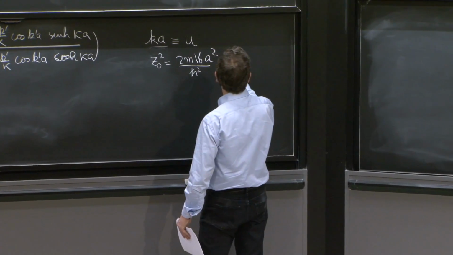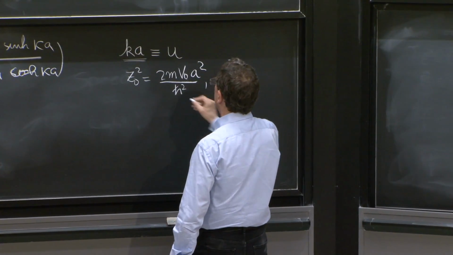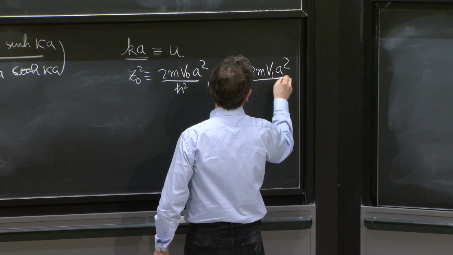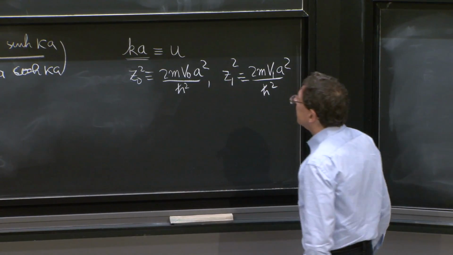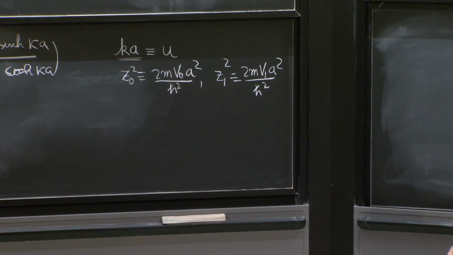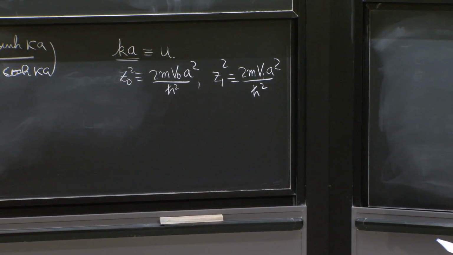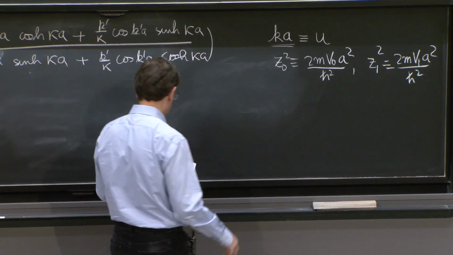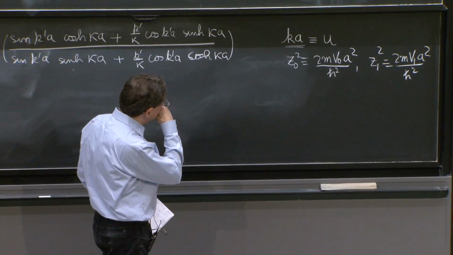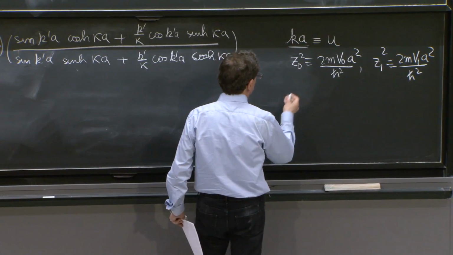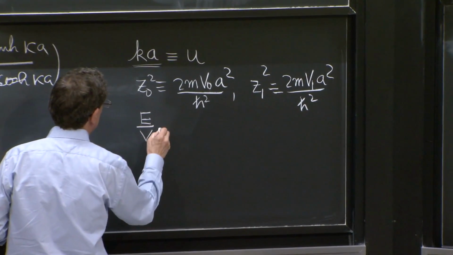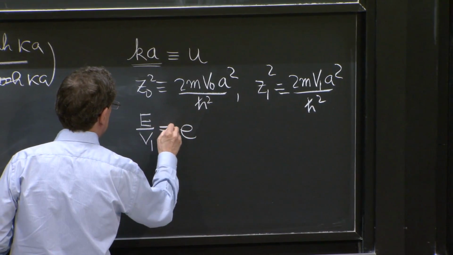You also define z1 squared this time as 2m V1 a squared over h-bar squared. And then the energy, we can do another thing. We can define the energy divided, say, by V1 to be little e.